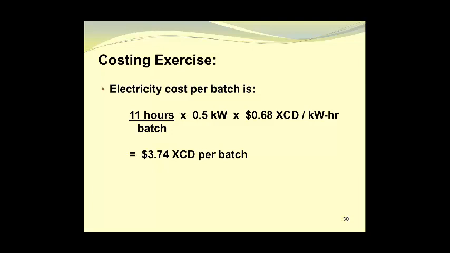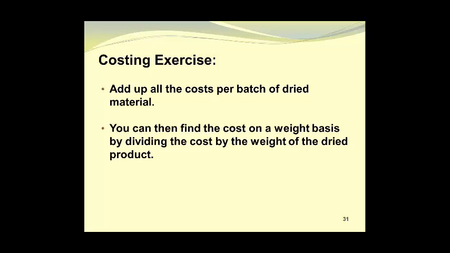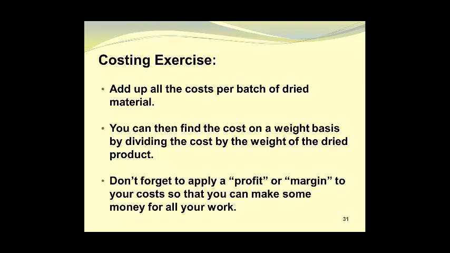Please don't get too upset if my exact cost for electricity per kilowatt hour is not entirely correct. You can simply substitute the proper value in here when you do your own calculations. You then add up all the cost per batch of the dried material. You can find the cost on a weight basis by dividing the cost by the weight of the dried product.